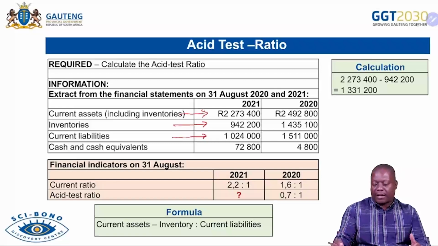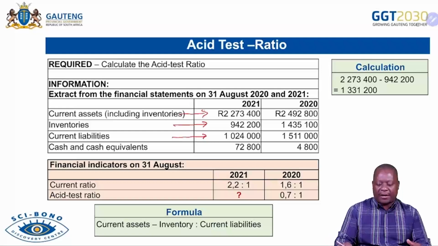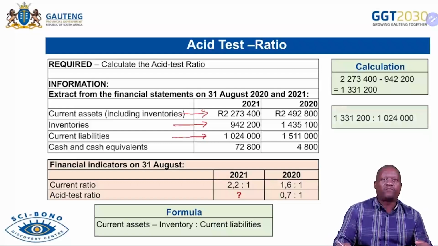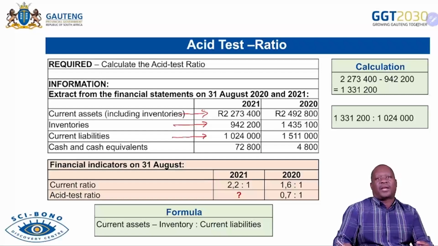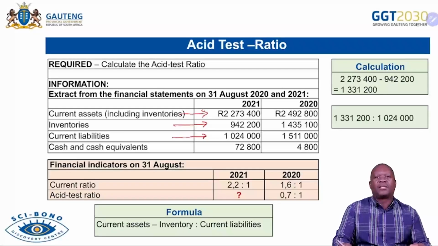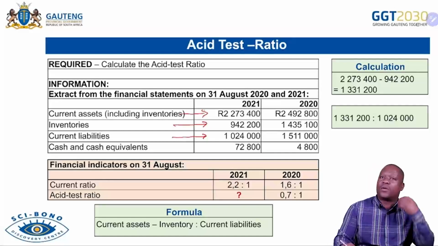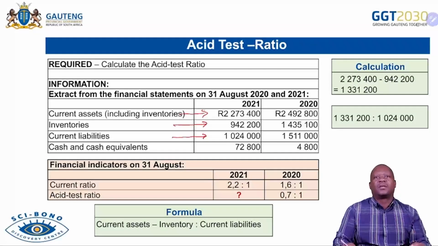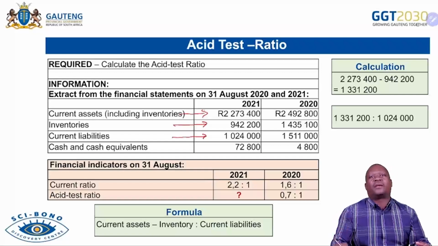Now, on the right-hand side, we already have our current liabilities. So it is going to look like this in the ratio: 1,331,200 to 1,024,000. Now, remember, our right-hand side will always be 1.